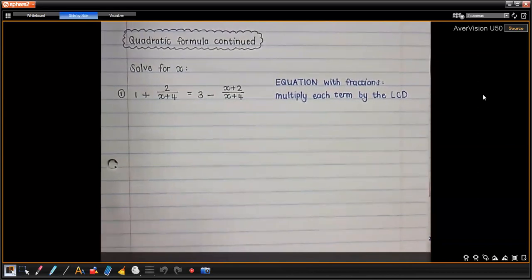You might have learned this last year, maybe you didn't, maybe you did and you forgot. But going forward, whenever we have an equation and there are any fractions, even if it's just one fraction, you need to multiply every single term.